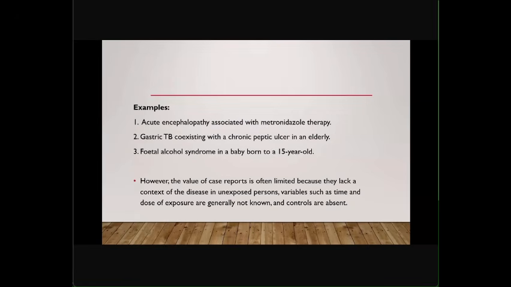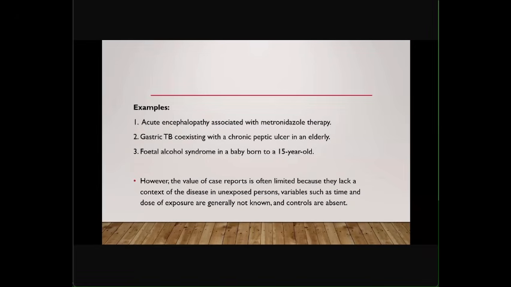Now it becomes intractable, not responding to medication, and unfortunately the person dies. You are concerned and worried: we gave everything for ulcer, so let's go to autopsy. It's opened up only for you to find out it was TB. So the presentation mimicked chronic ulcer, maybe because of the coexistence. So you are writing a case report to broaden investigation among physicians.